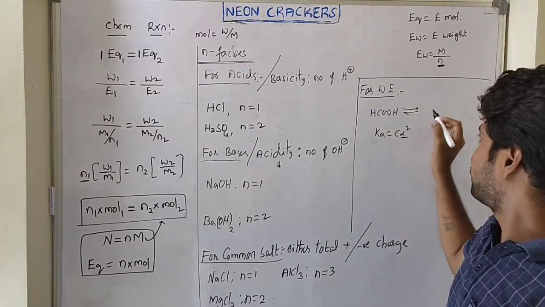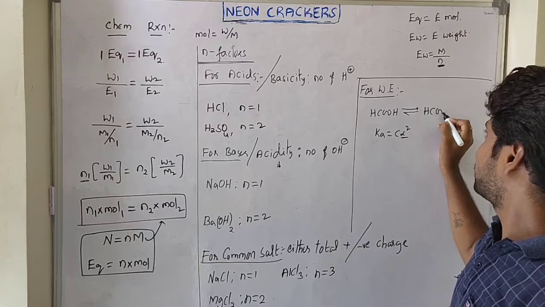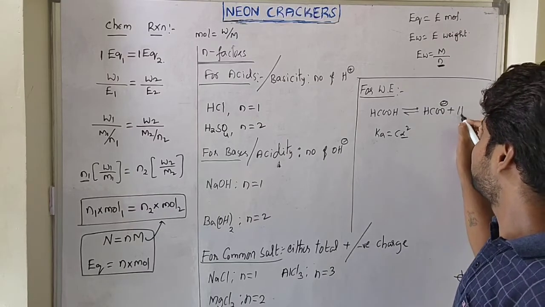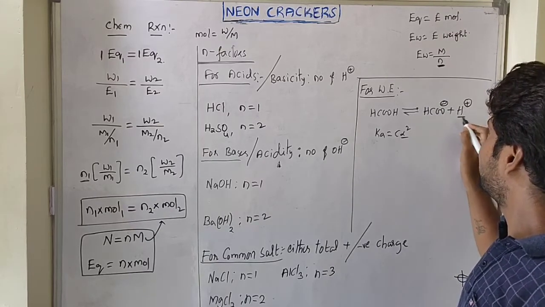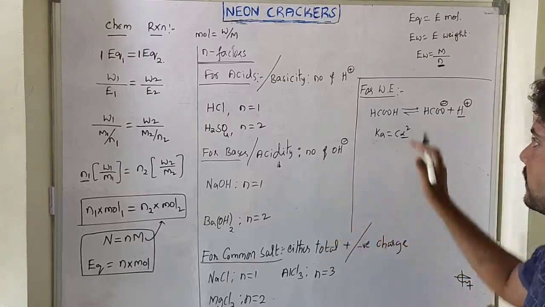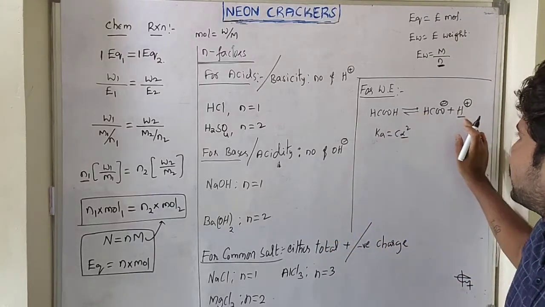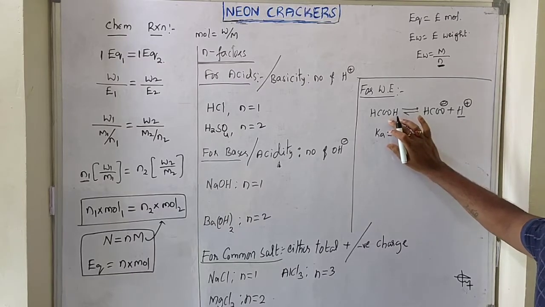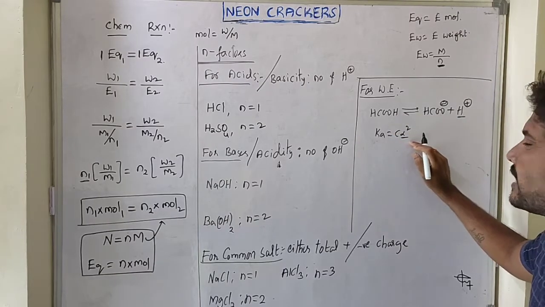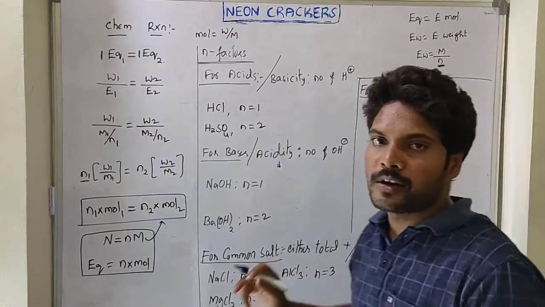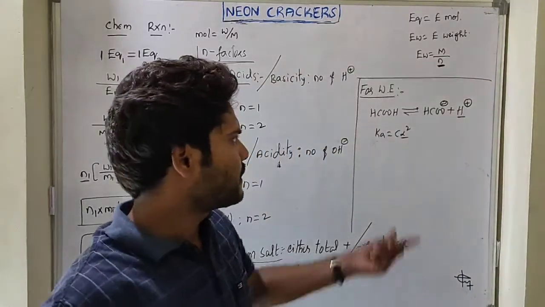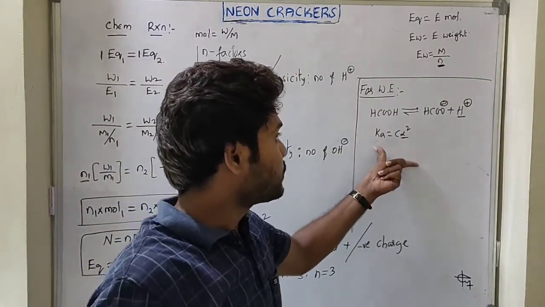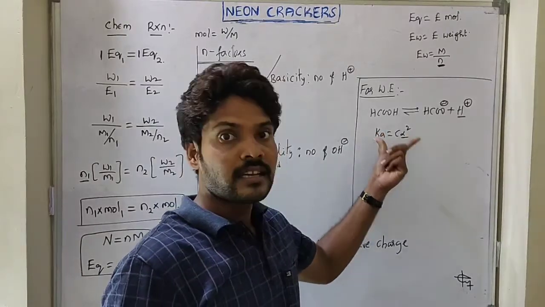For formic acid, it gives HCOO- plus H+. If it were a strong electrolyte, it would give 1 H+ completely, but this is not a strong electrolyte. So the N factor would always be less than 1 for formic acid. It depends on the degree of dissociation, either 0.9, 0.8, 0.7, 0.5, whatever you find. This is for weak electrolytes, either weak acids or weak bases.